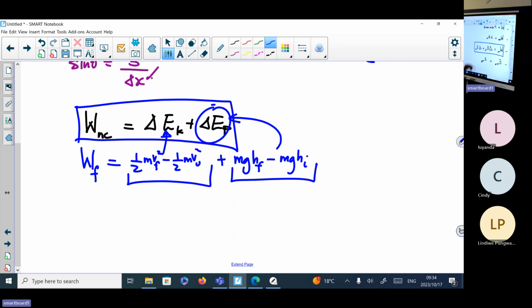So we've just expanded on this formula. Now remember, the work done by any force will be the magnitude of the force multiplied by the displacement multiplied by the cosine of the angle between such a force and the displacement. So in our case, we are looking at the frictional force.